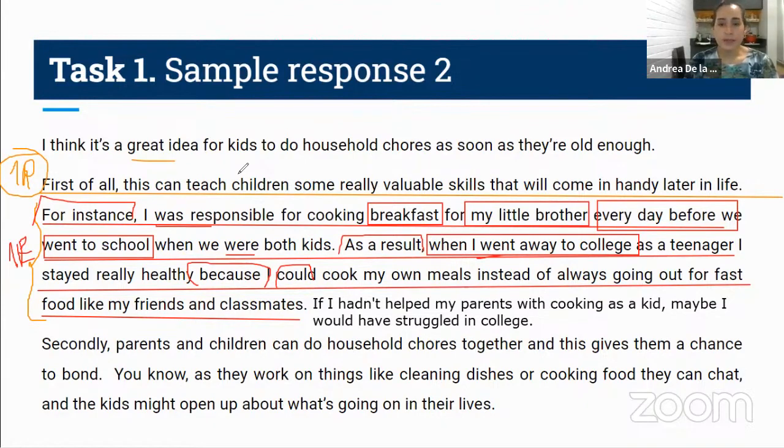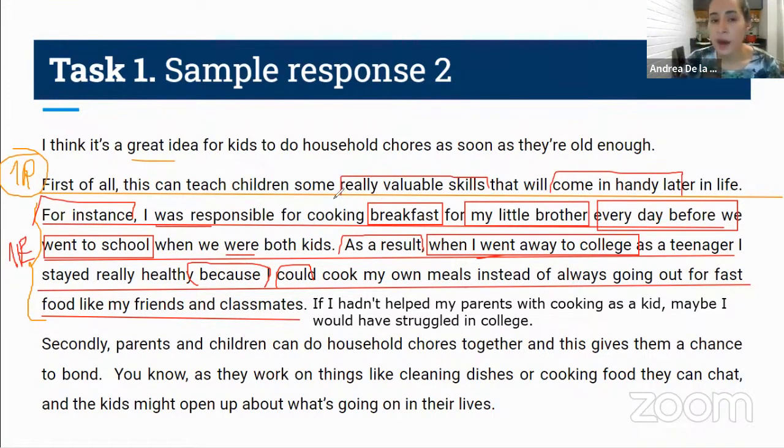And one more thing that I want to say about his example is that it is really coherent to his reason, right? It illustrates it perfectly. It isn't off topic or something, because his reason was that children learn valuable skills that are later helpful, right? That later come in handy.